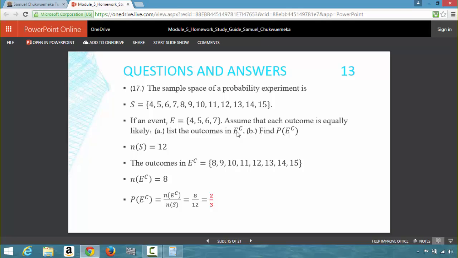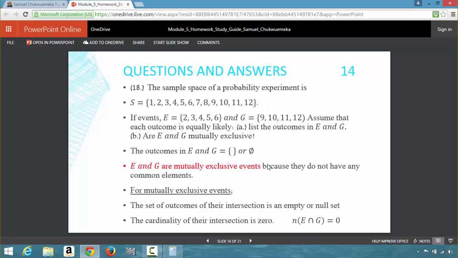List the outcomes in E complement. So E complement are what? Those in the sample space that are not in the event space. Okay, so from 8 through 15. So the cardinality is 8. So you find the probability of the complement, and that will give us 8 out of 12, which is 2 out of 3.